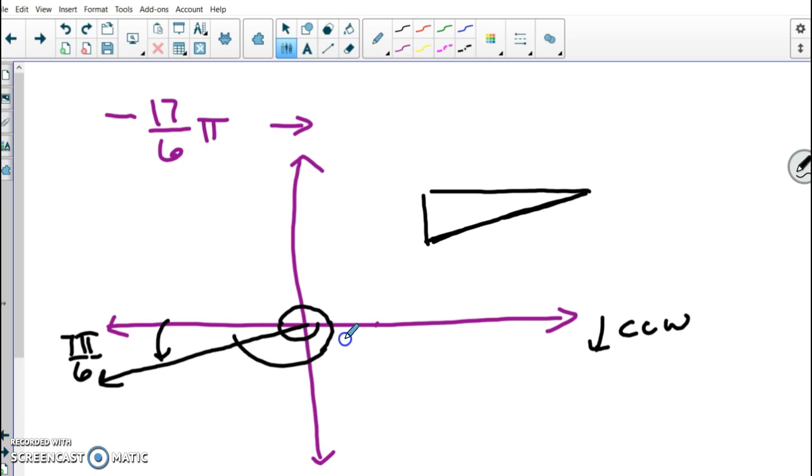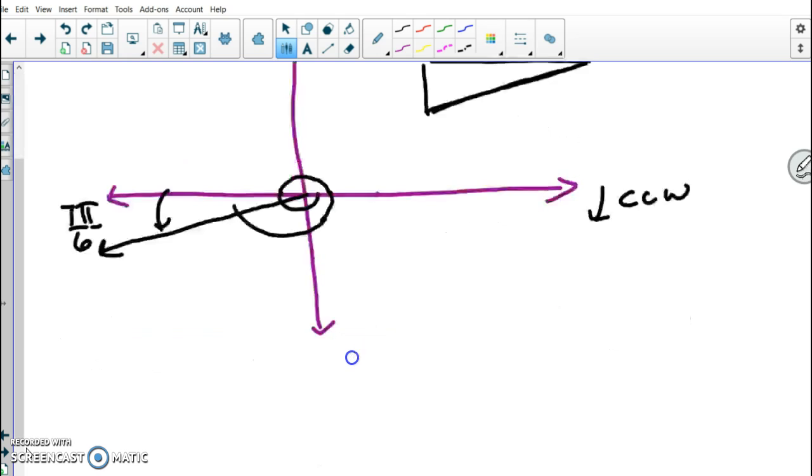We are in third quadrant, and we understand our sine to be negative, our cosine to be negative, and what else were we asked to find? And the tangent. Now, tangent, negative over negative, we're going to have a positive value there. So cosine is negative and sine is negative.